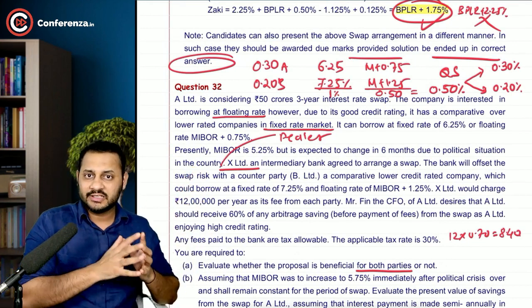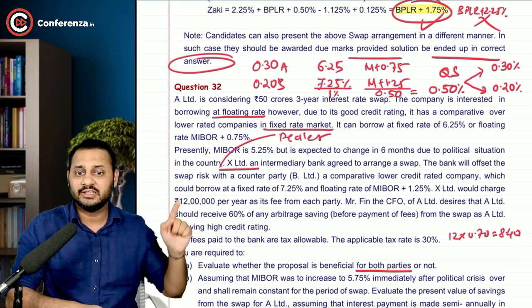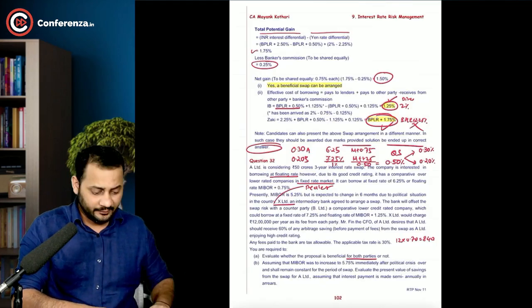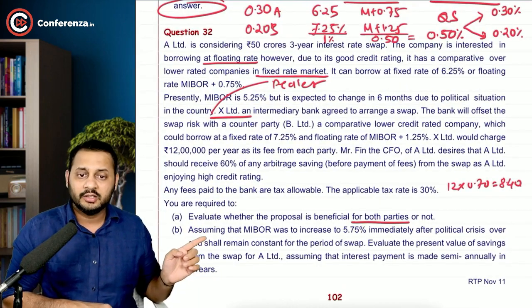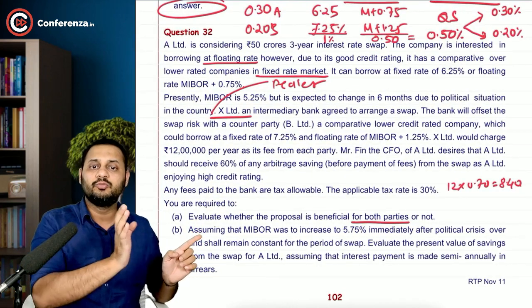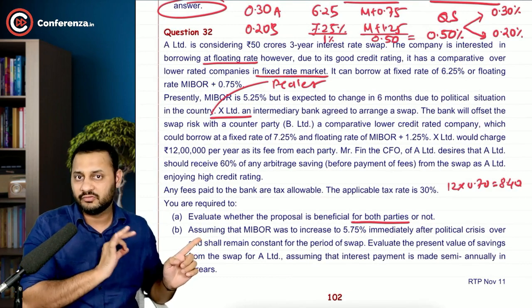So after 6 months we were exactly expecting that the MIBOR will change, and that happened in reality. After 6 months, when the political crisis got over, the MIBOR increased by 0.5% to 5.75.